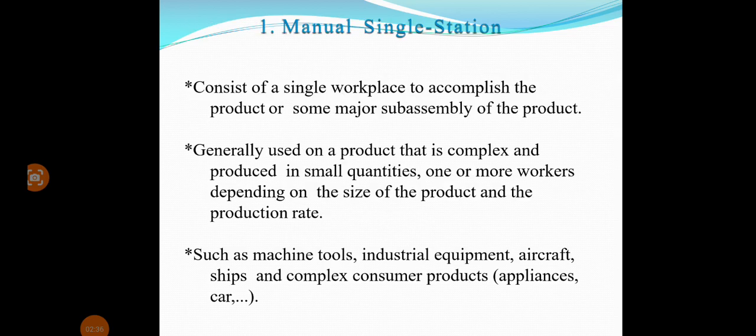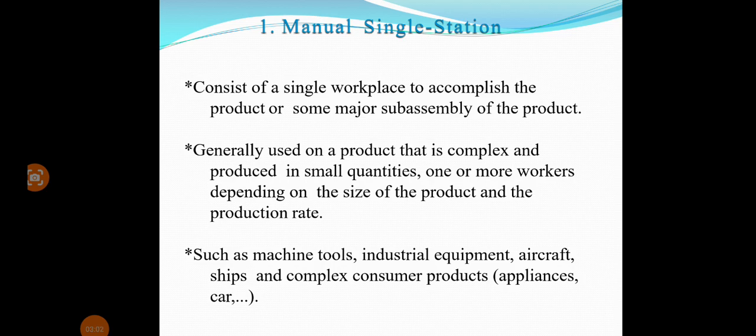First one, manual single station. What happens in this manual single station? Only a single workplace is considered, using a single workstation to assemble the part objects in a sequential manner.